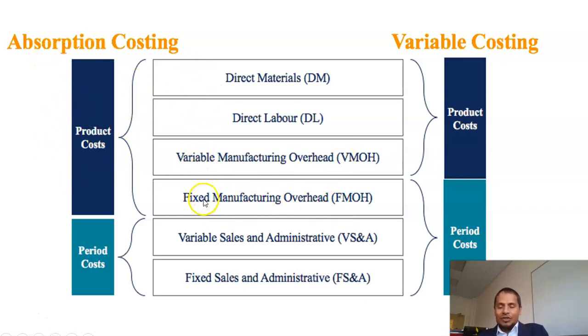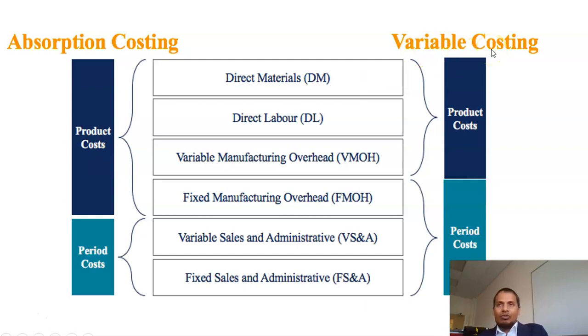So all the manufacturing cost are part of your product cost or production cost according to absorption costing. But in case of variable costing, you will consider only the variable part of the manufacturing cost. Three elements, these three, not the fourth one. The fourth one would be excluded in variable costing because it is fixed. It's not variable.